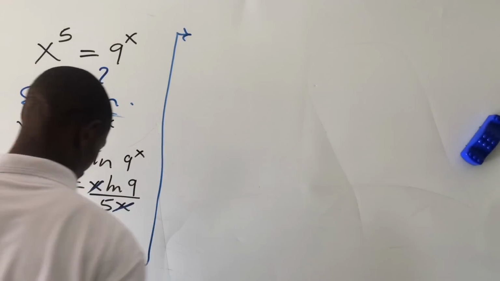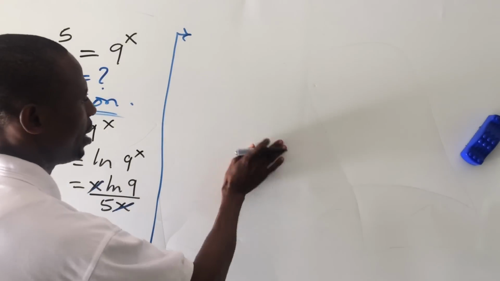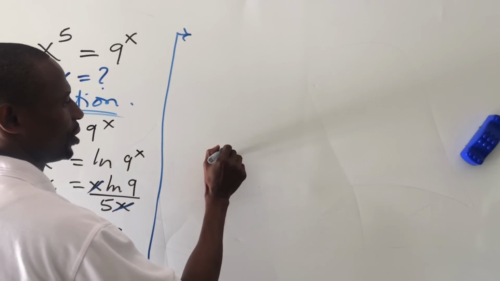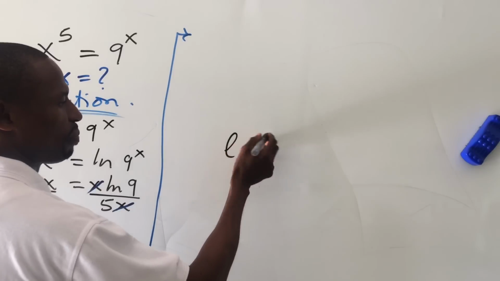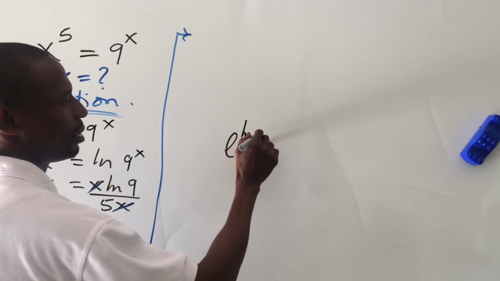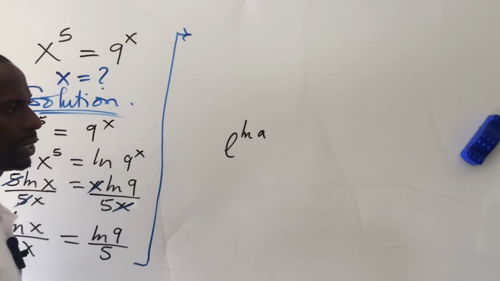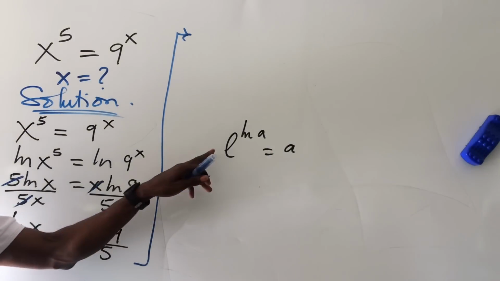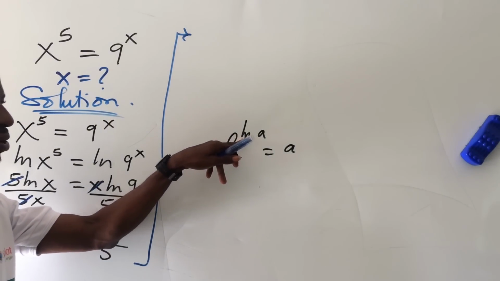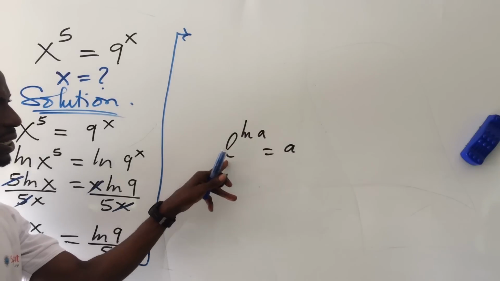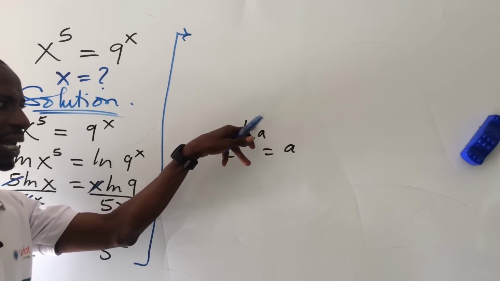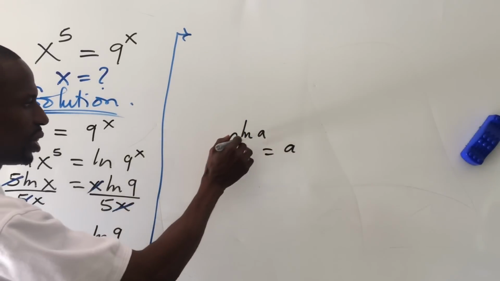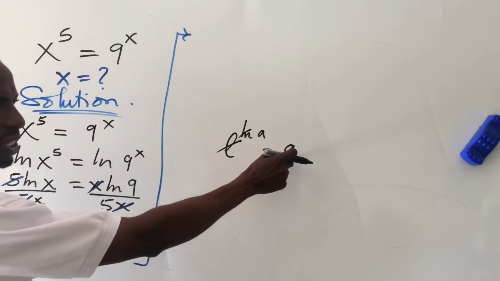Remember the identity which says that e to the power of ln of a will give you a, because this natural log is base e. So we're having e to the power of ln of base e, and so this will give us a.